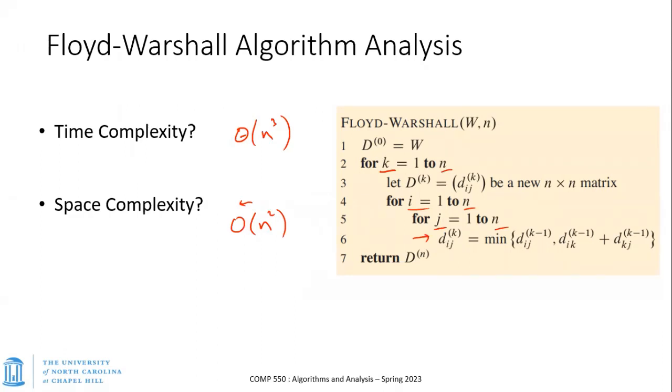But that 4 is based on what? We did 5 iterations, but only 5 iterations. Why? We did 5 iterations because that was the number of vertices. So in fact, if there are 100 vertices, we would do 100 iterations. So now can you revise your answer?